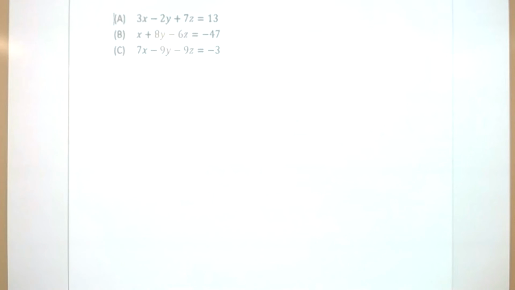So again, what I'm going to do here is solve for x, y, and z using a process of elimination in 3 phases. That first phase is using different combinations of these original A, B, C equations to eliminate one of the variables. And once I've done that, I can move into phase 2, where I've got 2 equations, 2 variables.